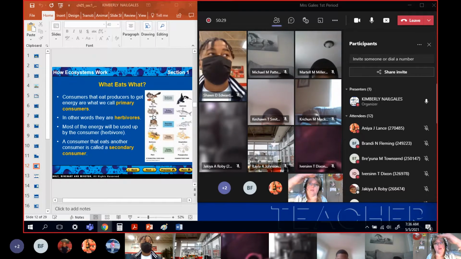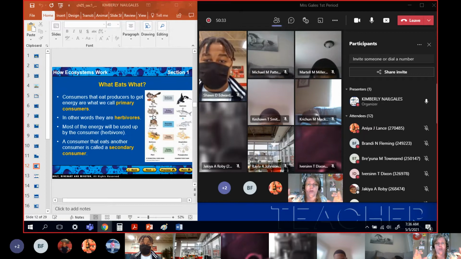So you count the consumers going up. It always starts with a producer. And then you've got the primary consumer, secondary consumer, tertiary consumer, and if it's a very healthy ecosystem, you can have a quaternary, sometimes even a quinary. You don't put the decomposers in the pyramid because they can show up anywhere, okay?